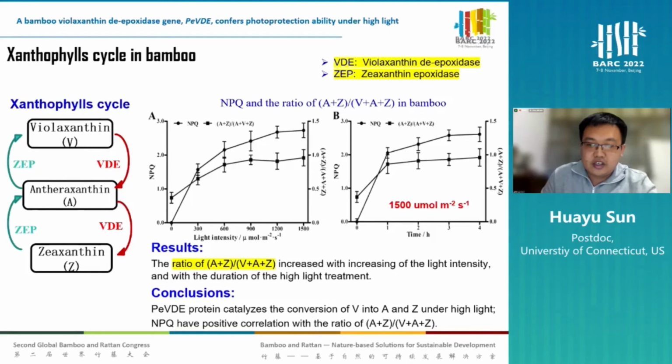So we can conclude that PEVDE in bamboo can catalyze the conversion of violaxanthin into de-epoxidation products under high light, and NPQ has a positive correlation with the ratio of A and Z in the VAZ pool.